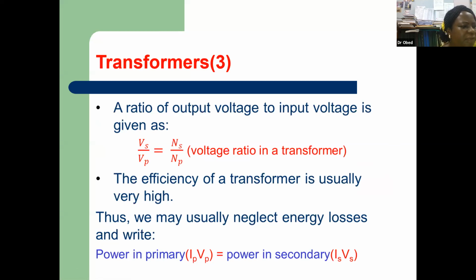If the transformer is 100% efficient, that is, there are no energy losses. When you say a transformer is 100% efficient, it means that there are no energy losses at all. The efficiency of a transformer is usually very high anyway, even if it's not 100%.